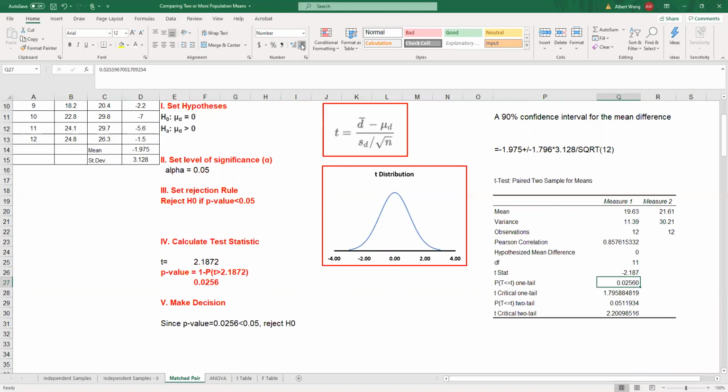That's exactly what we have, because we are doing a one-tail test. And this is the critical value if you want to do a one-tail test. And then if you're doing a two-tail test, you can have the p-value and the critical value as well. So the output does not look the same as what we're expecting, because the output does not calculate D bar and SD. There's no way here that you can actually see SD.